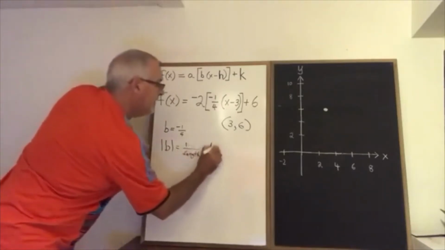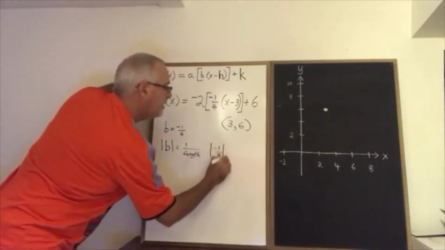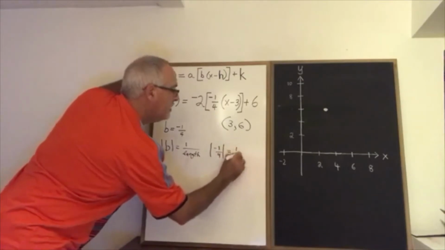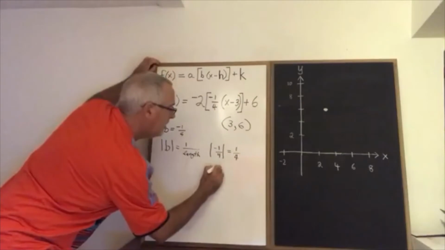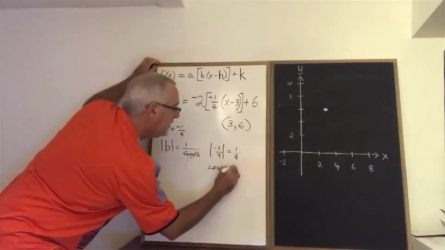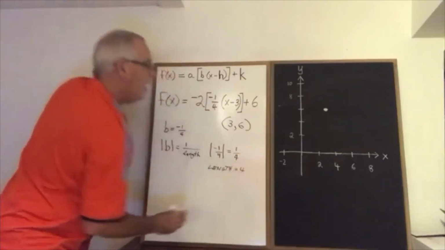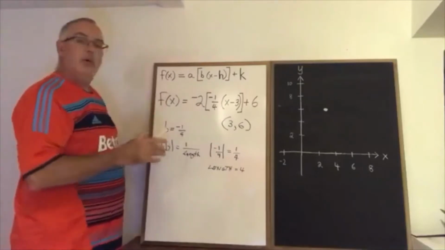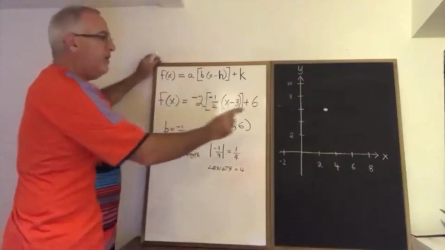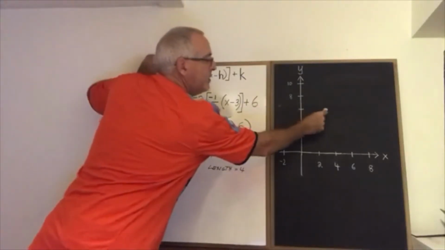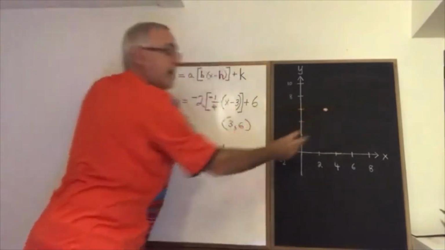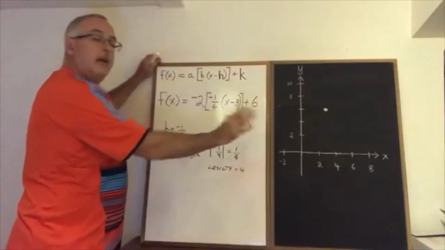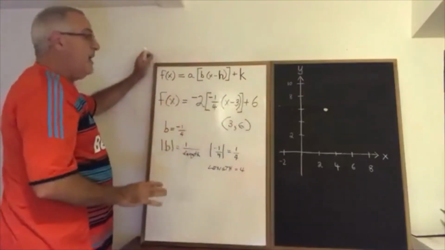Therefore, the absolute value of -1/4, which is 1/4, is equal to 1 over the length, so my length is 4. I know that my steps will be 4 units in length, so therefore I either have a step that goes 4 units to the left of this point or 4 units to the right. But we don't know which side it is yet, so we can't draw it yet.